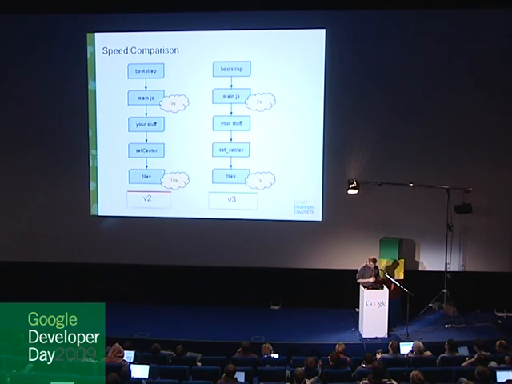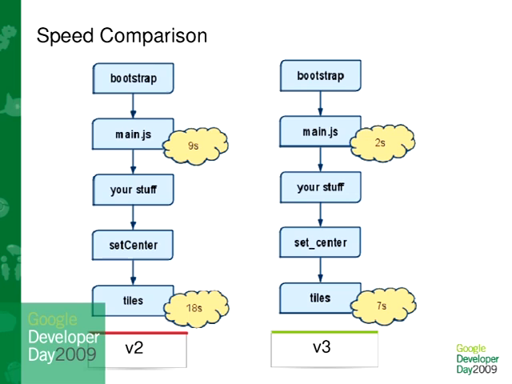So if you look at version 2, the 9 seconds to get the main.js running, we are now at 2 seconds. And the tiles, we switched from 18 seconds to 7 seconds. So quite an accomplishment. So how does it work?